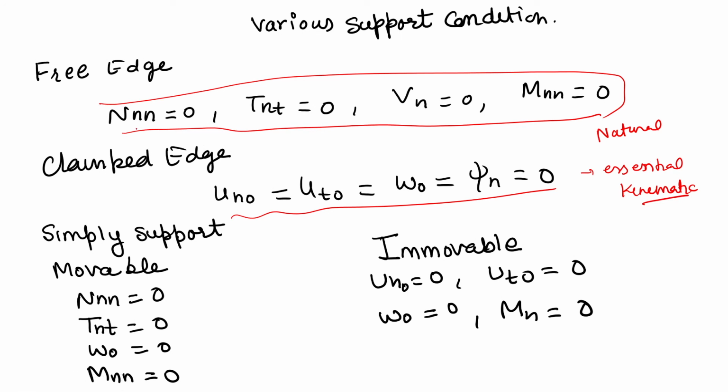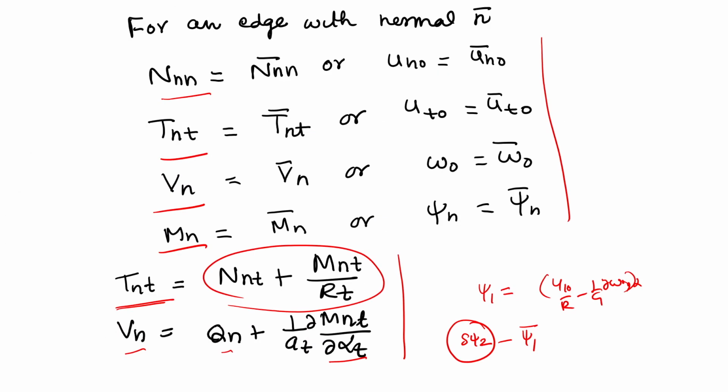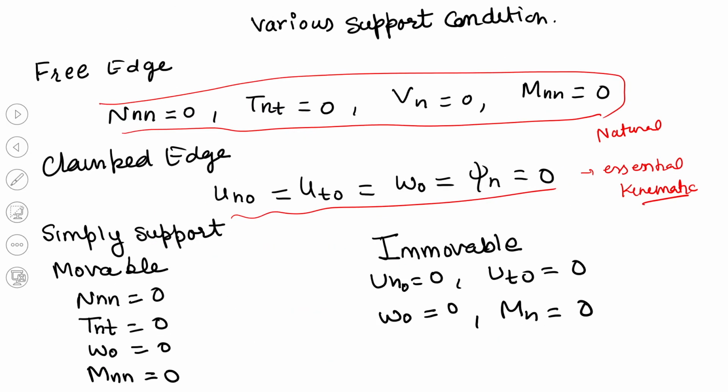So the in-plane stress resultant, Tnt, shear force, Mnn is going to be 0. If an edge is clamped, then all 3 displacements plus rotation are going to be 0.